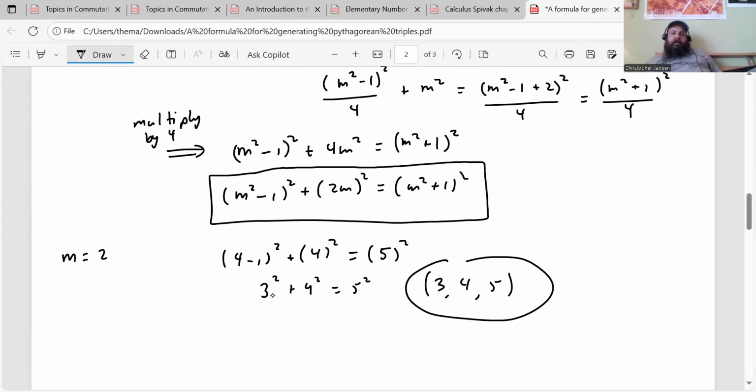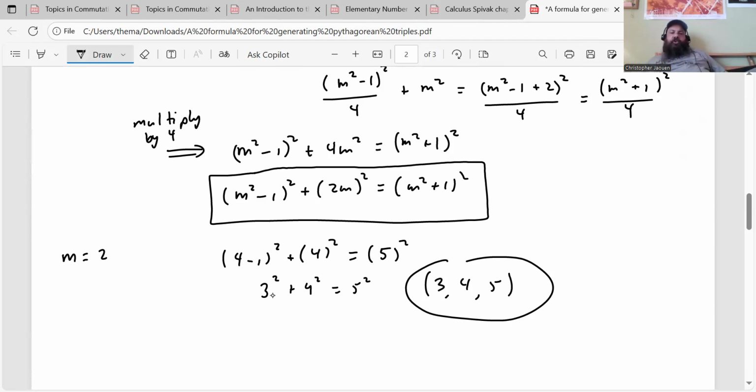So we get that one from choosing m equals 2, but you can choose m to be any natural number that makes m squared minus 1 positive, and then you get a Pythagorean triple.